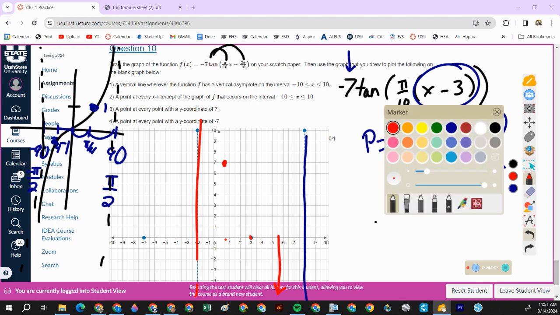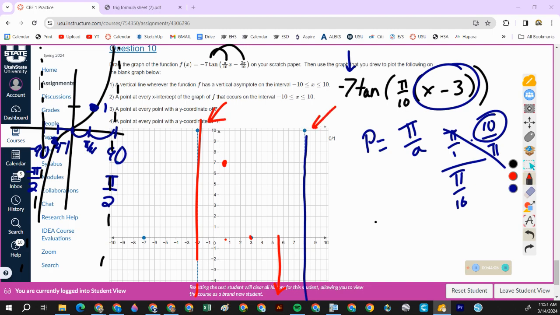So it wants you to graph this line and this line and that, and any point with a coordinate of 7 or negative 7. There's another intercept there, and then there's going to be a negative 7 down there, a positive 7 here, and a negative 7 down there, and then we run out of room.